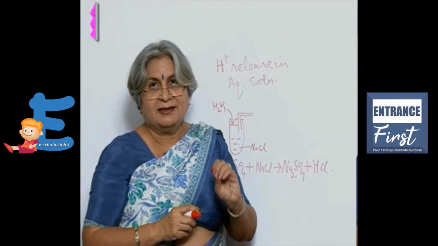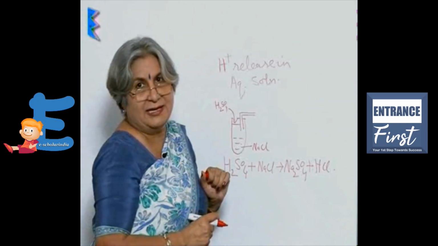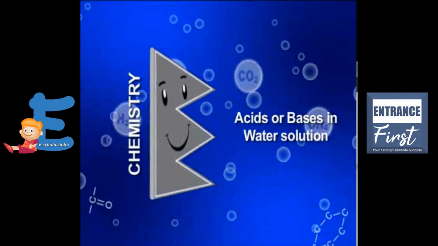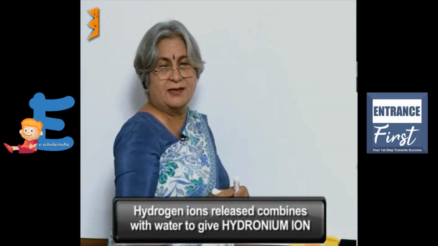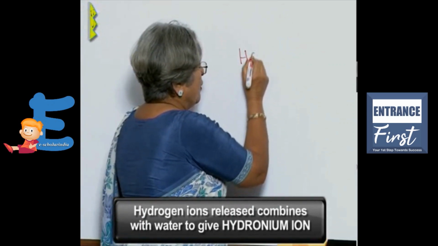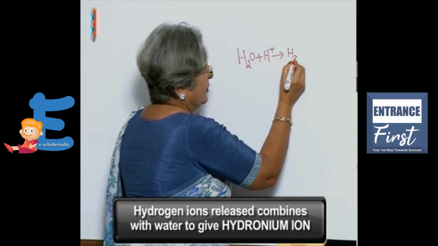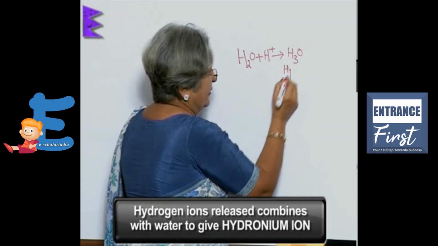So we can say that in the aqueous solution, hydrogen ions are released. And what happens in this case? When the hydrogen ions released combine with water, what do they form? They form H3O+, which is the hydronium ion.